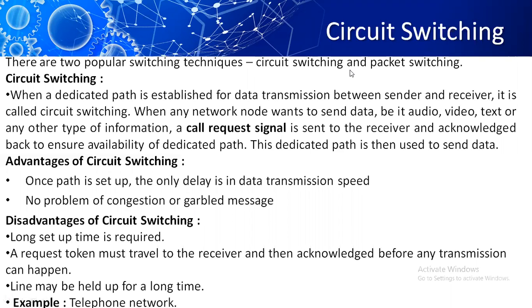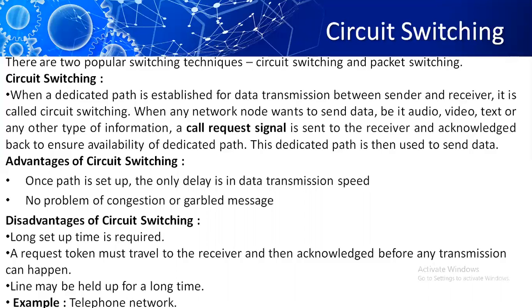Circuit switching is nothing but a dedicated path between the sender and receiver for data transmission. Just keep in mind, circuit switching has a dedicated path to transfer the data from sender to receiver. The data may be audio or video or text, text meaning messages or any other type of information.